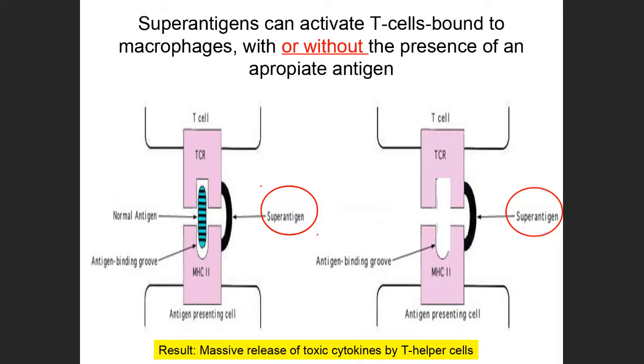Okay, so this is the bacteria with a superantigen that allows it to connect a T cell with an antigen presenting cell in the absence of an antigen. Sorry, this is the antigen right there. So this is what should be happening. This is the normal occurrence.